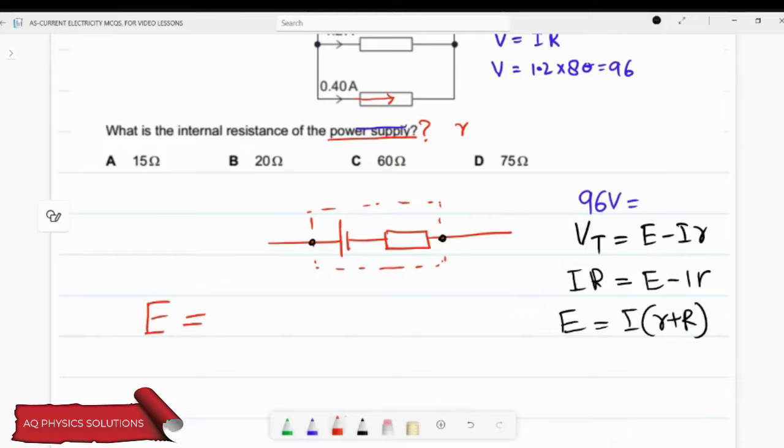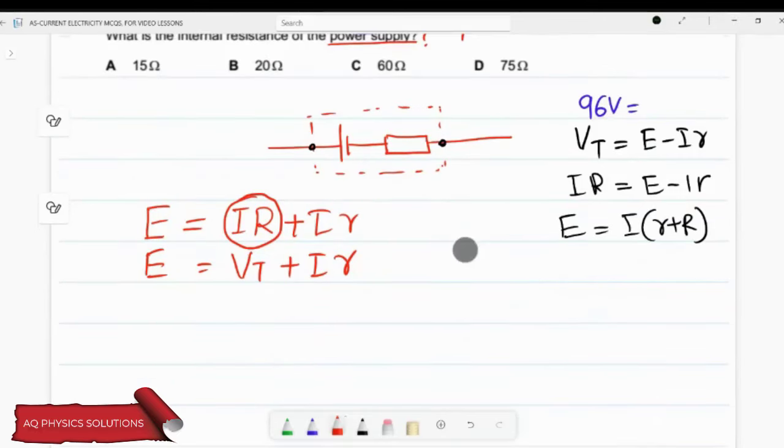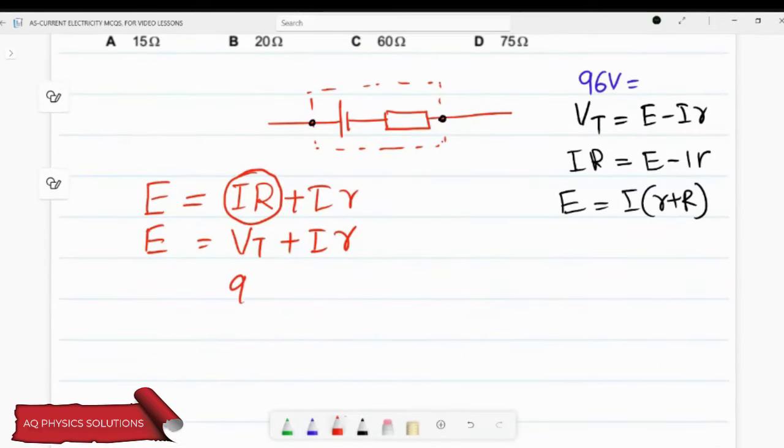E is equal to I times capital R plus I times small r. So this is actually your terminal potential difference. So I can write V terminal plus I times small r is equal to the EMF of the battery. This is calculated, it is 96 volt, where EMF is 120 volt, and I is 1.6.